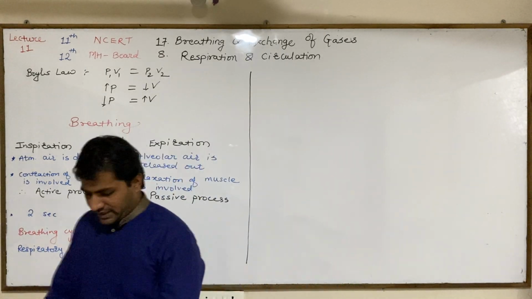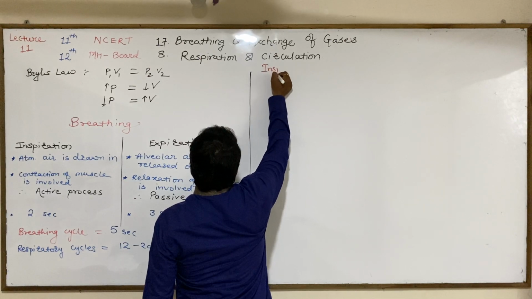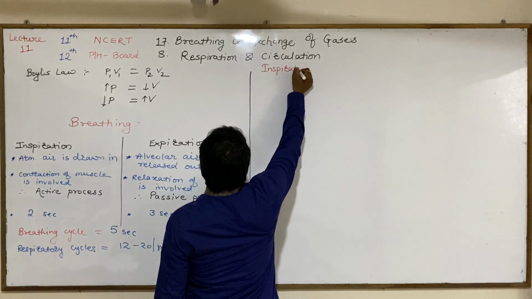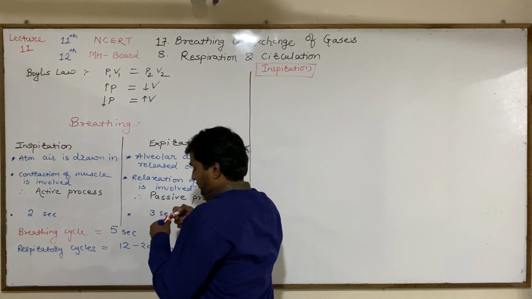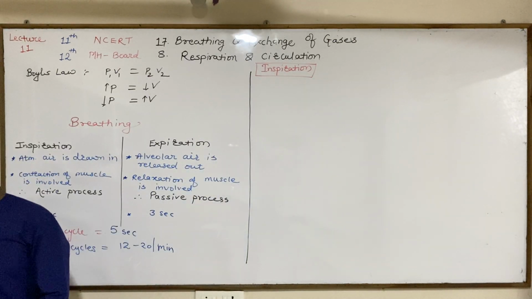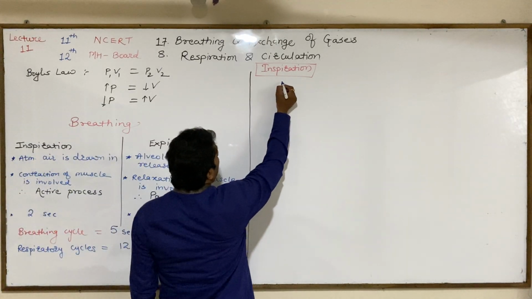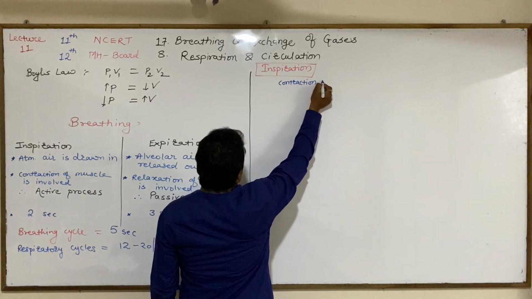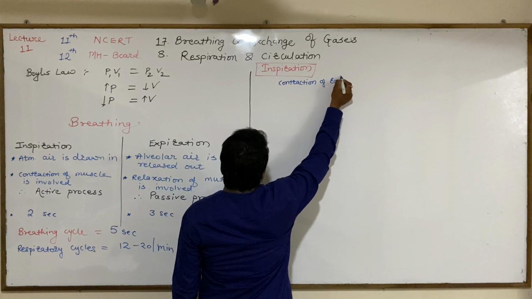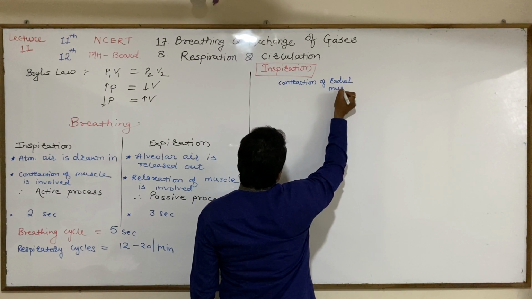So during inspiration, what happens? First, there is contraction of the radial muscle.